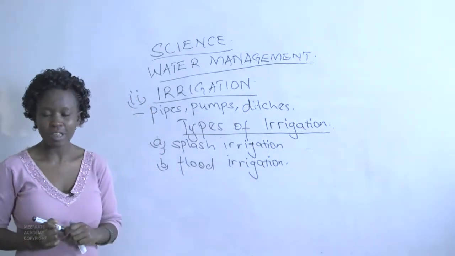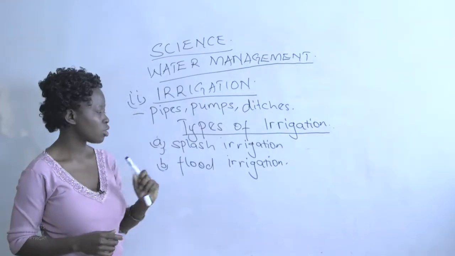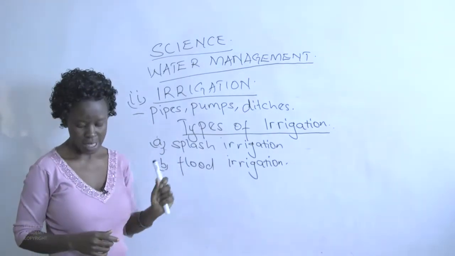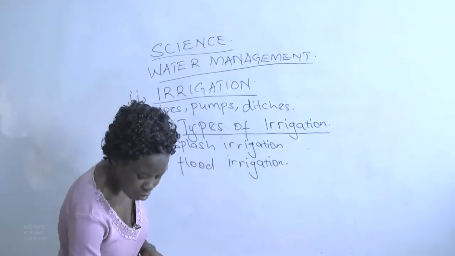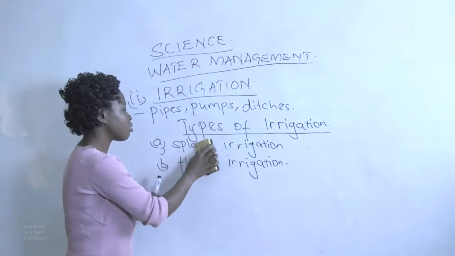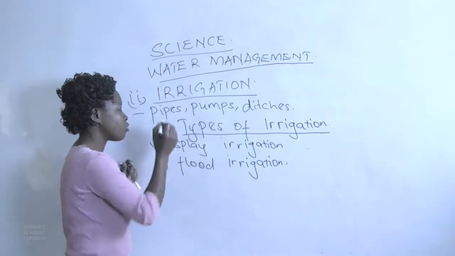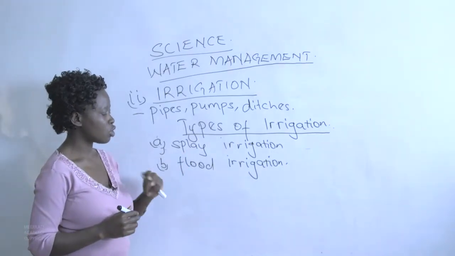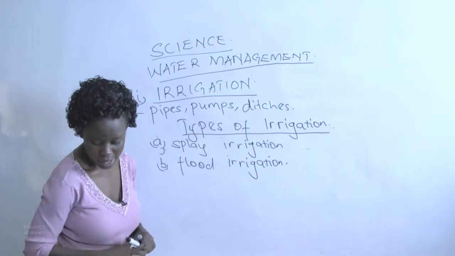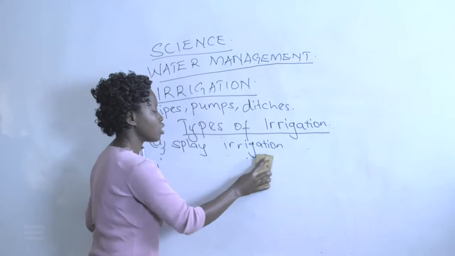So we have two types of irrigation, that is splash irrigation and flood irrigation. So we look at the first type of irrigation. I'm sorry, it is spray irrigation and not splash. So we have two types of irrigation, that is spray irrigation and flood irrigation. So we look at spray irrigation.